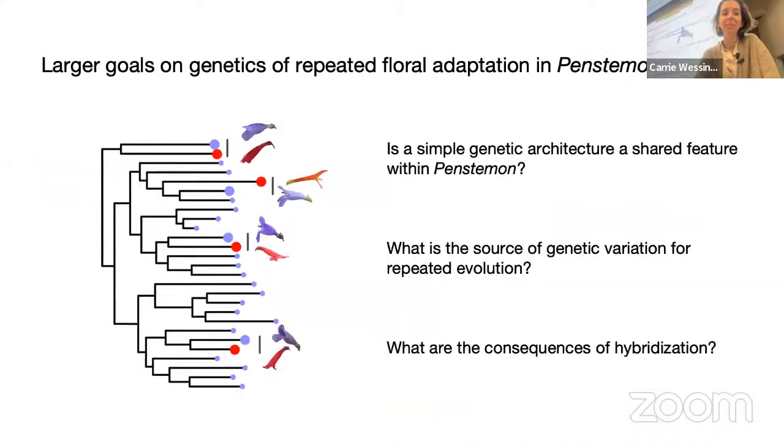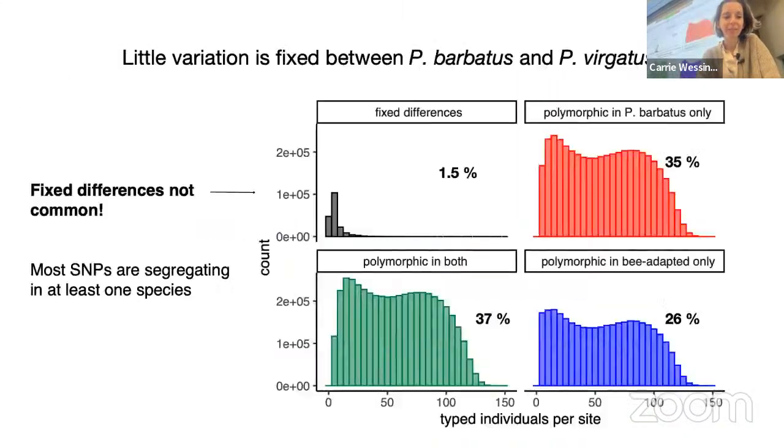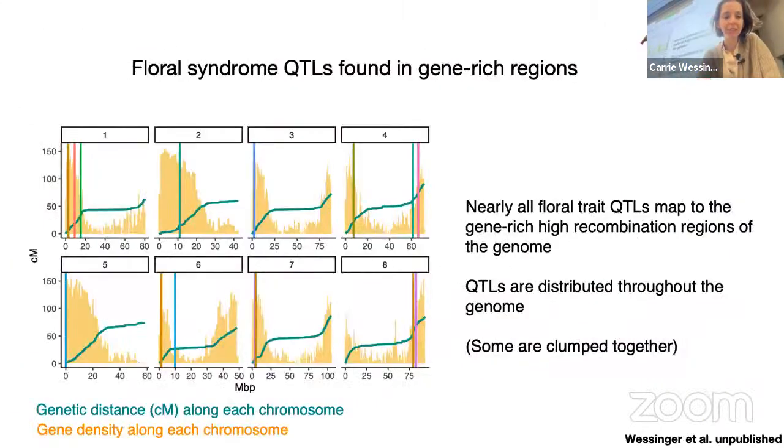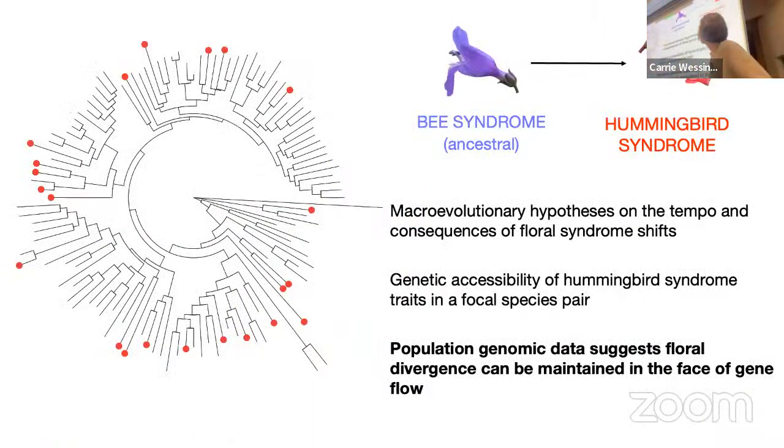So the question was, we have a small clade that appears to be, basically, there could be an evolutionary reversal to bee pollination, or there could be 3 separate shifts to hummingbird pollination.